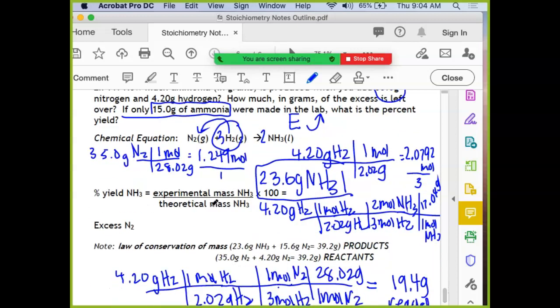So you take experimental, 15 grams, that was given in the word problem, divided by theoretical. That's the number you calculated. This number is like a perfect world scenario, doing the math, what you should get theoretically. So this isn't as good of a lab. And then you multiply by 100 to turn it into a percent.